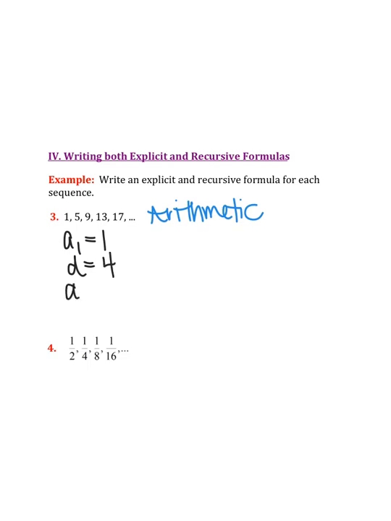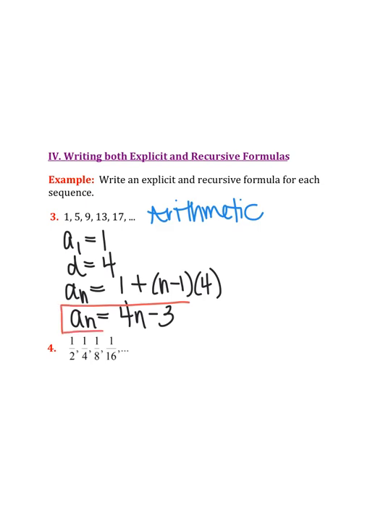So my explicit formula is going to start off like that, and then I'm going to need to clean that up. So I'm going to distribute that 4. So I've got 4n minus 3. Okay, again, let's just give this one a check. So if I put in 1, 4 times 1 is 4, minus 3 does get me 1.